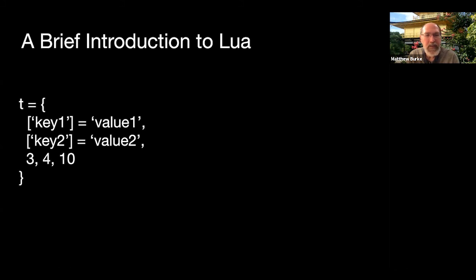At index 2, I'm going to store the value 4. And at index 3, I'm going to store the value 10. So I really like that about Lua, the fact that there's this one key data structuring mechanism, and it's very flexible and very powerful, and the implementation is very elegant.